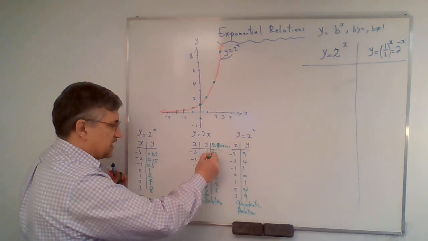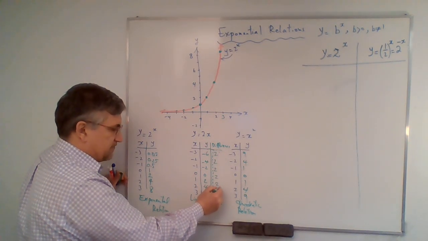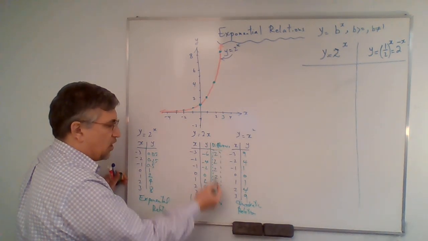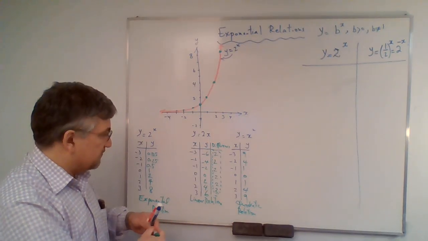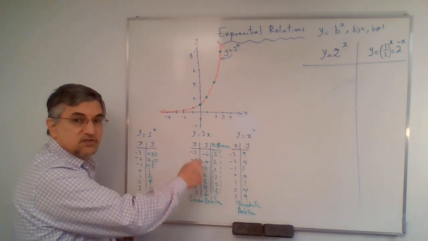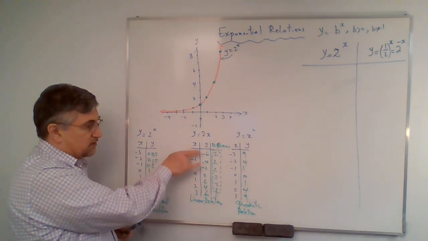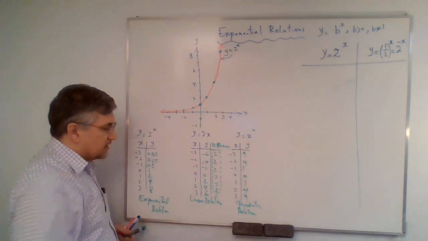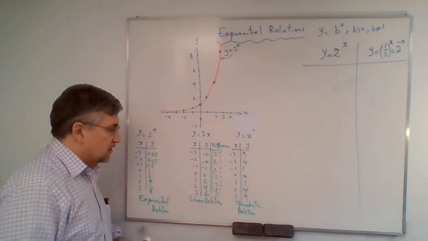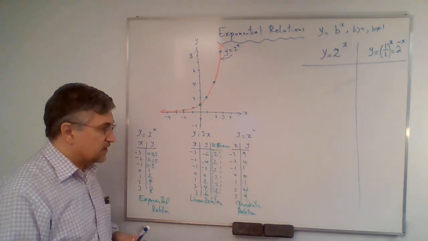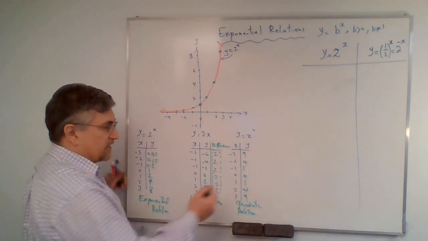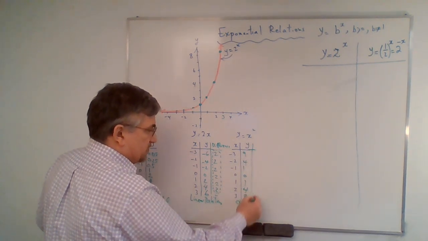If you end up with the same constant top to bottom, in this case 2, in the first finite difference column, which is nothing but the differences between the y coordinates, then we call that a linear relation, and the graph was a straight line.